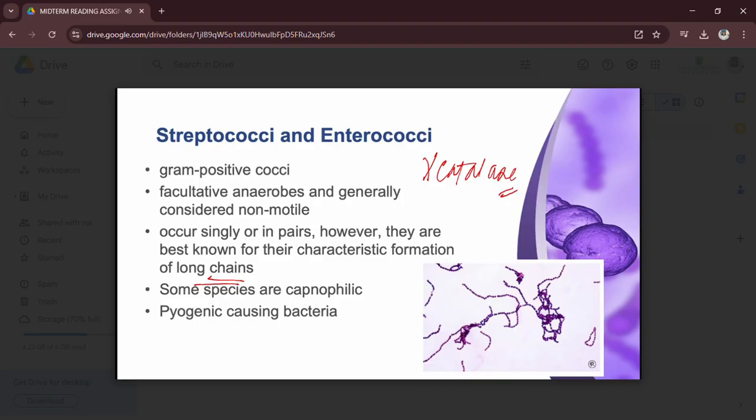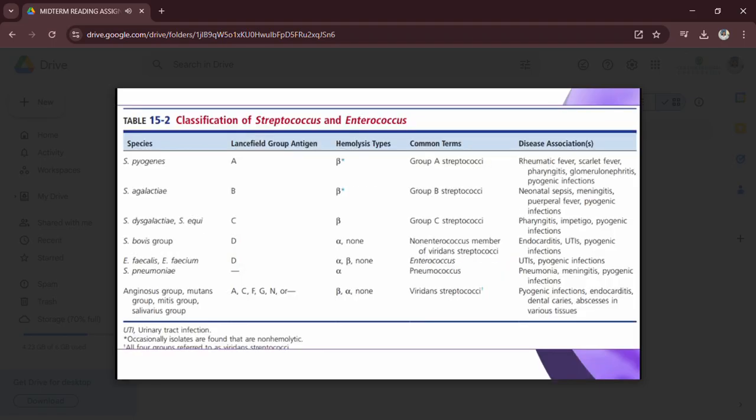As compared with other gram-positive cocci, the cells of the Enterococci and some Streptococci appear more elongated rather than spherical. Now, this table shows the different categories they are classified into. They can be classified by Lancefield group.